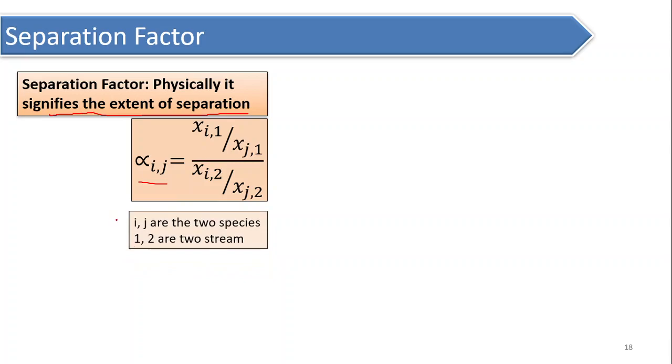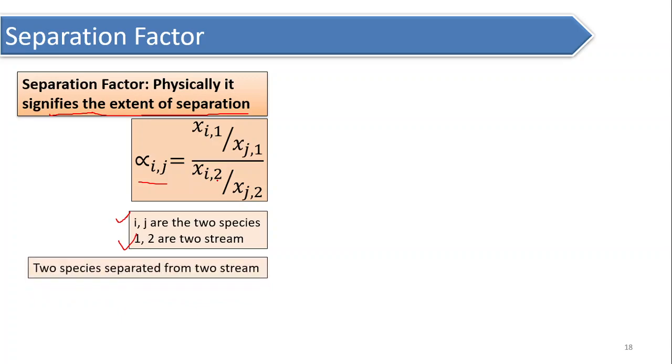So i and j are the two species, 1 and 2 are the two streams or two phases. In the first phase we have to see the ratio of the i and j components. Then we have to see the ratio of i and j in the second phase. So this is basically the separation factor. In this way we can calculate the separation factor.